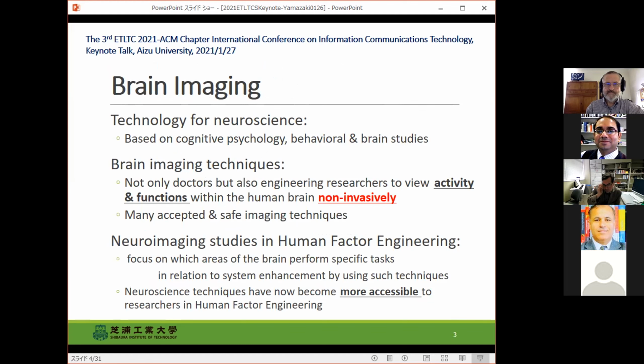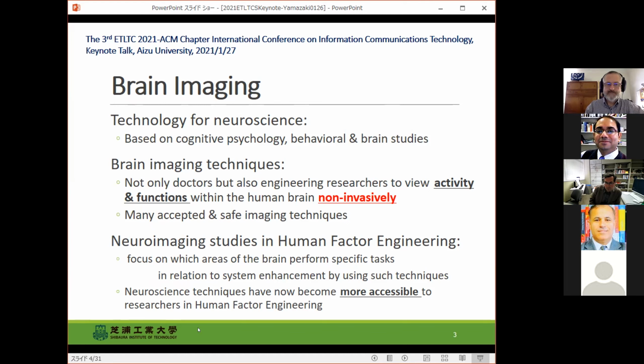But now brain imaging techniques are becoming more handy, and that's why researchers and even engineers, in particular in human factor engineering, use this technique to find out what's going on in our brain in order to construct and improve their systems in engineering.